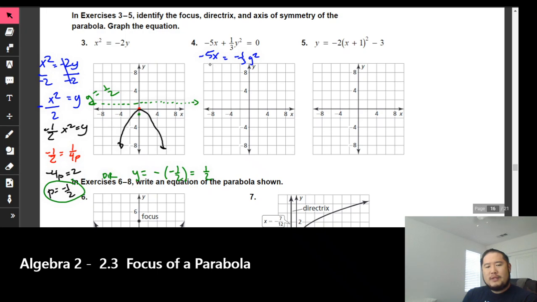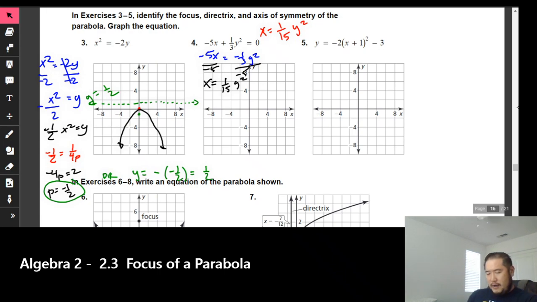Then we divide both sides by negative 5, and remember, when you divide, you're multiplying by the reciprocal. And so x is equal to positive 1/5 over 15 y squared. So let me write the equation up here: x is equal to 1 over 15 y squared.